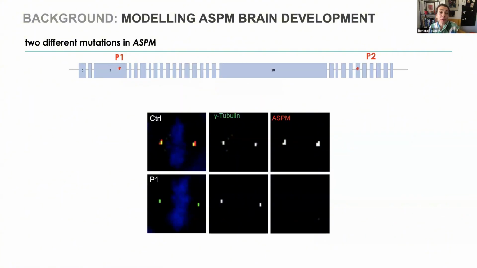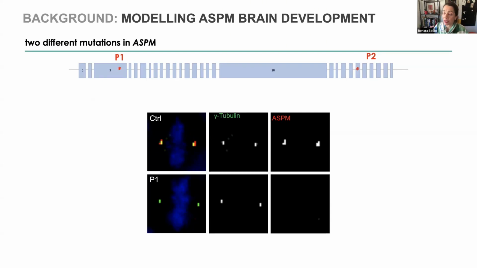And Sandrine is a neuropediatrician. She works with a lot of these families that have children with primary recessive microcephaly, and she has characterized some rosettes derived from different ASPM families, and here I'm presenting two.